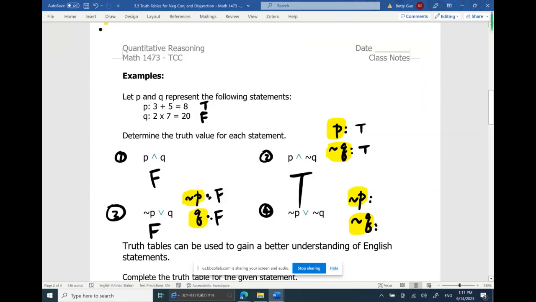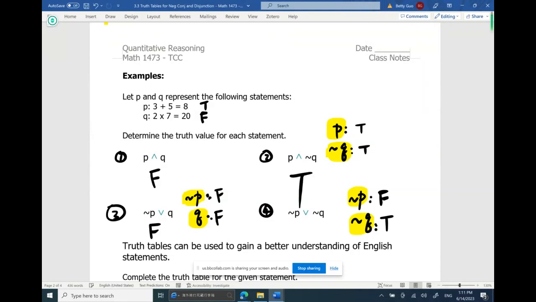And we need to figure out the truth values for the two components. P is true, not P would be false. I'm showing you the right way to solve this kind of problems, and you should do the same thing. Yeah, P is true, then not P is false. Q is false, then not Q is true.